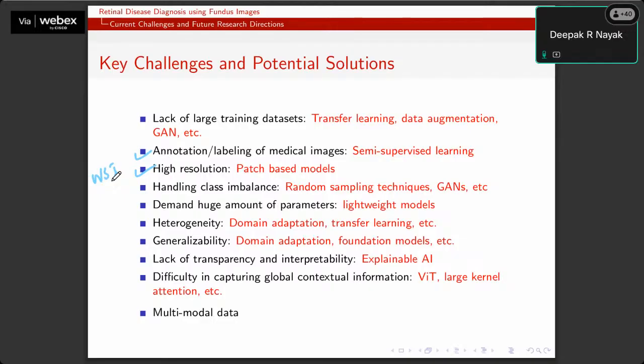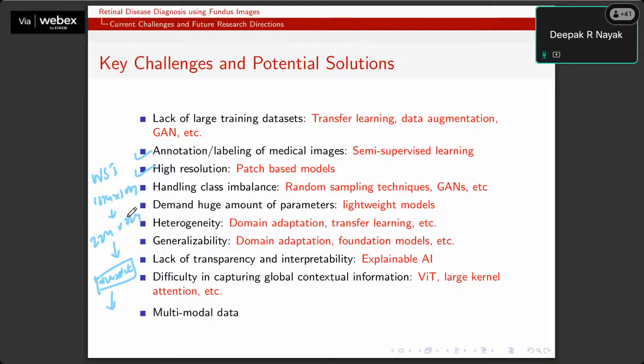If you plan to pass those images through DenseNet, ResNet, or AlexNet, you need to first downsample the image for compatibility, let's say from 1024 by 1024 to 224 by 224. Only then can you pass it to a pre-trained CNN architecture like AlexNet.